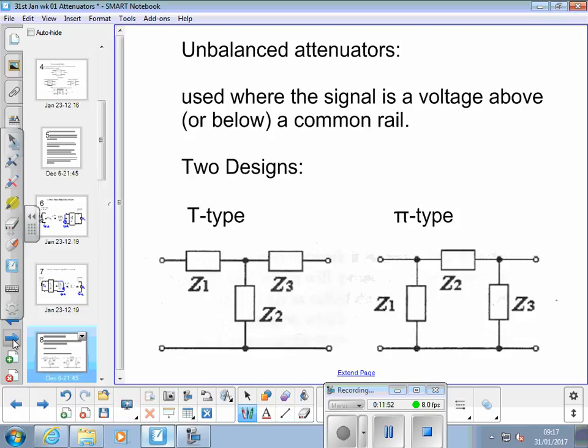Types that are available. And here you have a connection at the bottom.